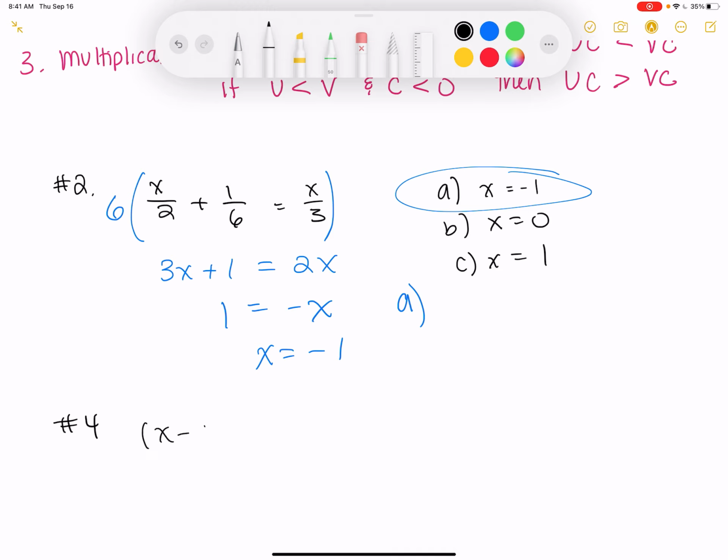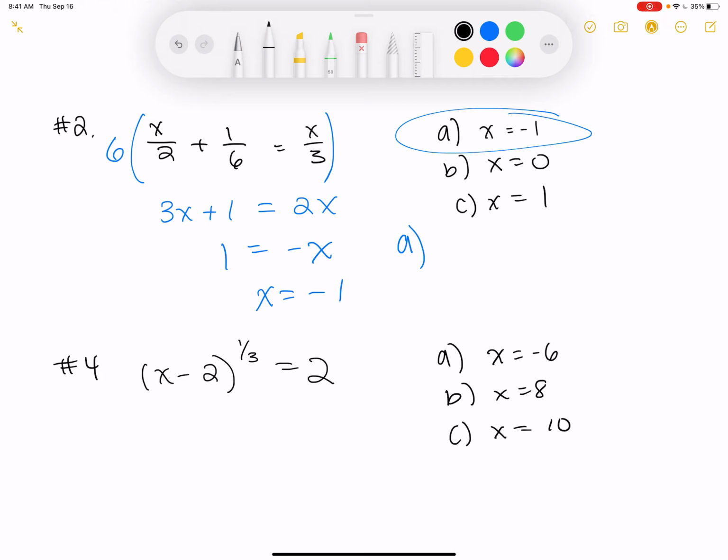What do you do with that? Well, in reality this is telling you to take the cube root of this.